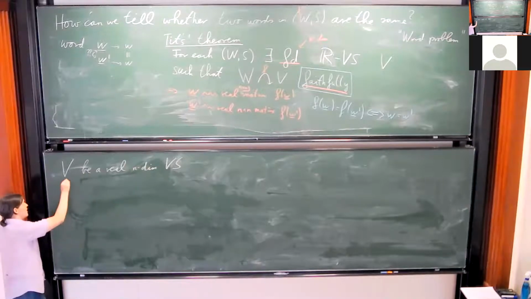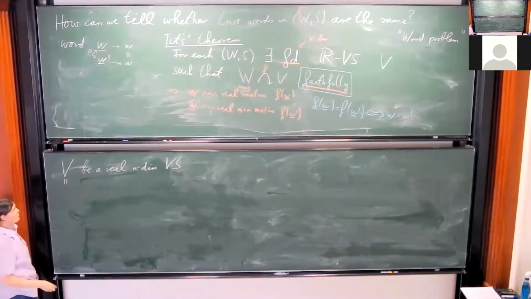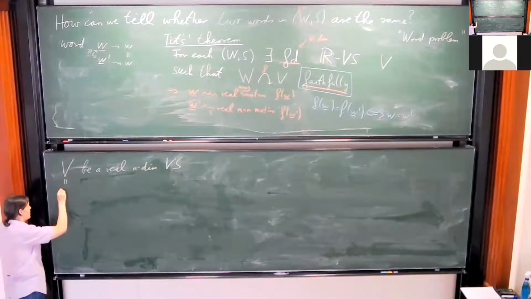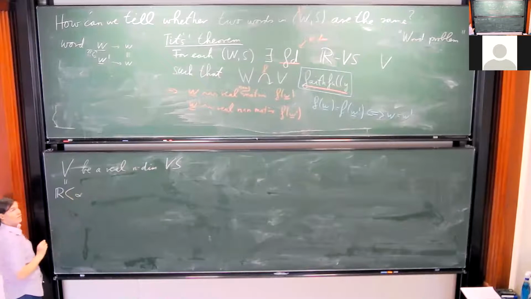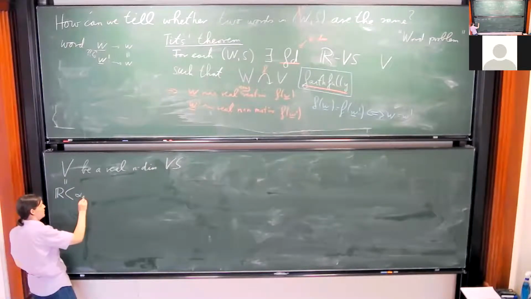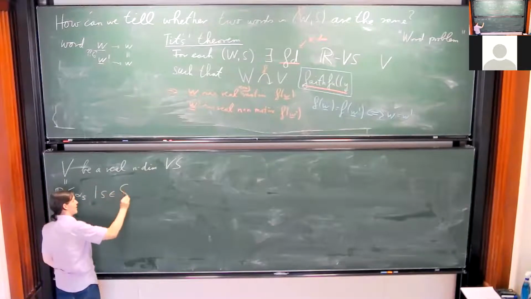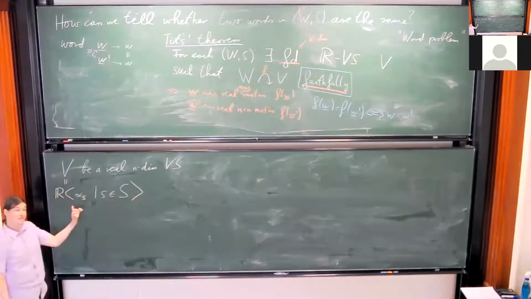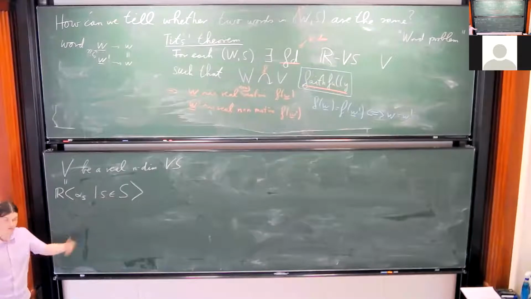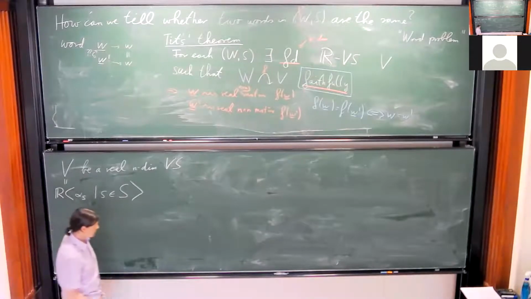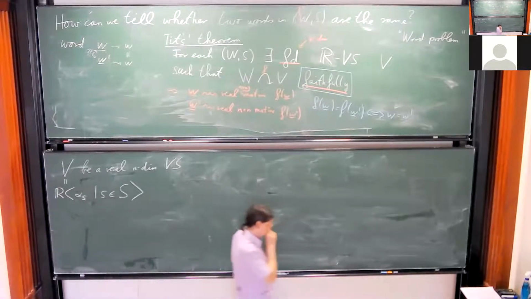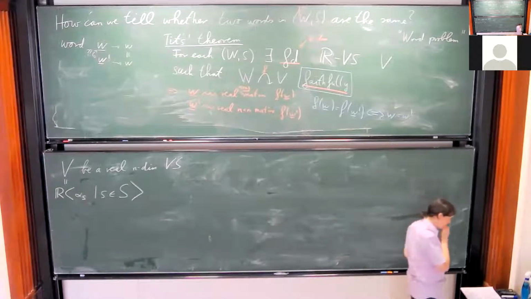Good. And I want to think of it having a certain basis, so this is the span of elements, which I call alpha s for s in my given set S. Right? There's one basis vector for each node of my graph. Okay. And well, I want to define a certain pairing on it.